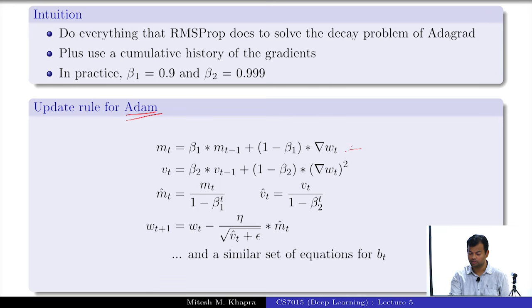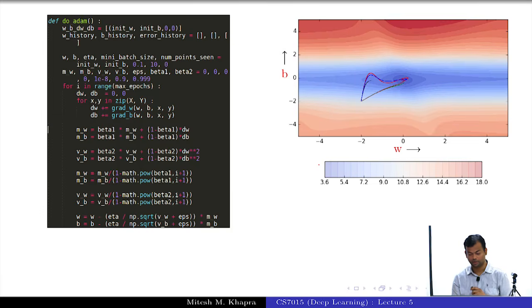Is this a mean? This is a moving exponentially weighted average. This is an exponentially weighted mean. What about this? What is this quantity if you take the average of this? This is the second moment, the exponentially weighted second moment. So we are using the first moment and the second moment to come up with an adaptive learning rate. Is that fine? Okay.